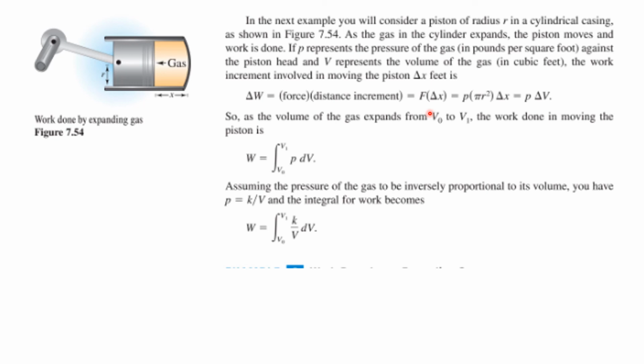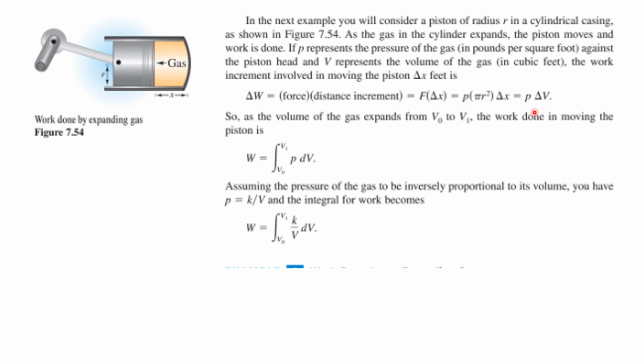And here we're going to notice that if this is a circular cylinder, the force is the pressure of the gas times the area, because pressure is force per unit area. So force is pressure times area, and this is going to be pi r squared.